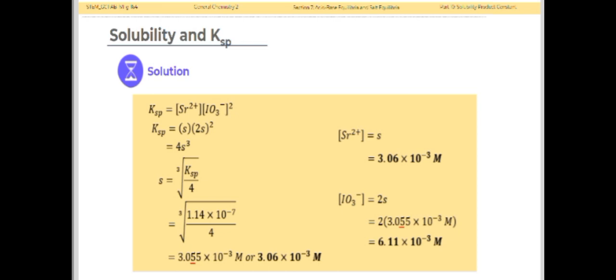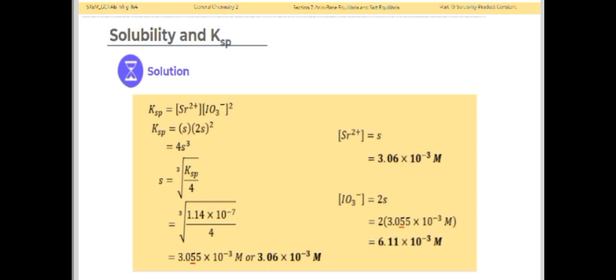The underlined digit is the last significant digit, since the given Ksp has 3 significant figures. We will use the value 3.055 times 10 raised to negative 3 molar in the succeeding calculation steps to avoid errors on the final answers.